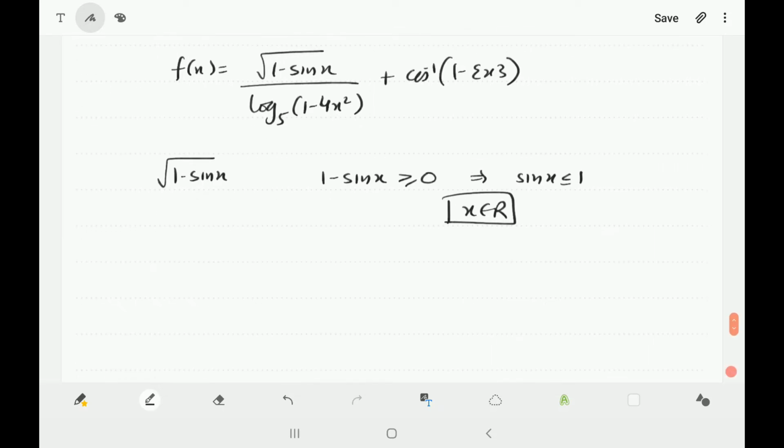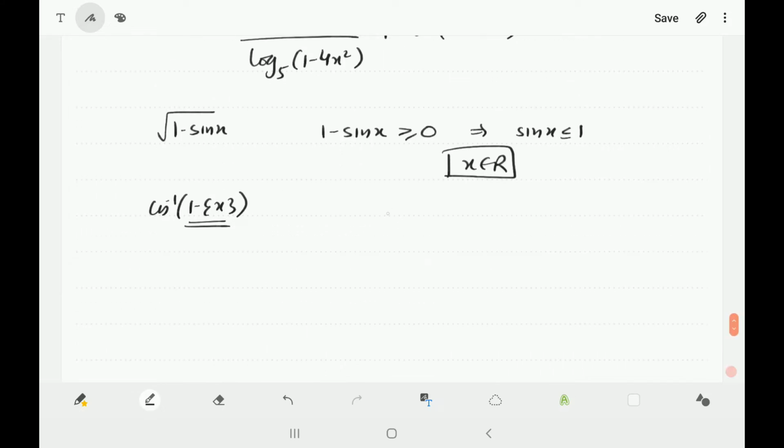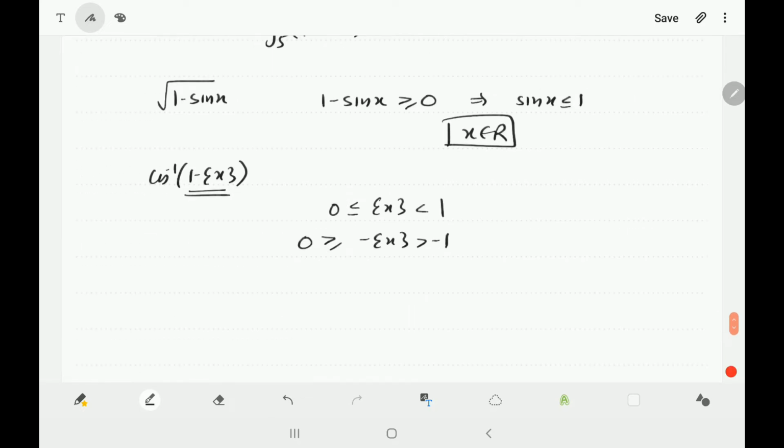Now for cos inverse of (1 minus fractional part of x), we need to check whether 1 minus fractional part of x will lie between minus 1 and 1, because cos inverse x has domain for x belonging to the closed interval minus 1 to 1. For that we will go the other way around. We already know the range of fractional part of x is from closed 0 to open 1. So minus fractional part of x will lie between minus 1 and 0. The inequality changes because you have multiplied with a negative sign.